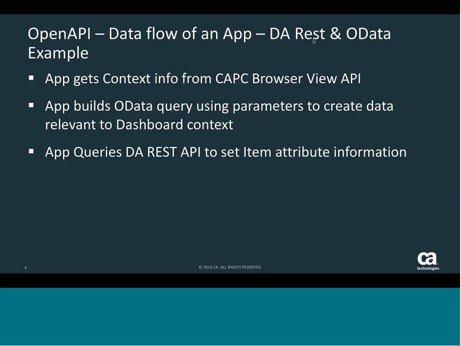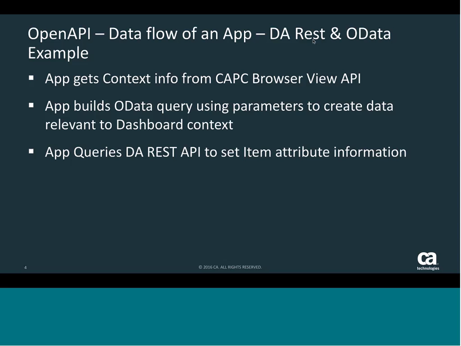Because, well, you have to have a different app for every group. That would be ridiculous. So we can just simply pass information from CAPC directly into our OpenAPI queries in our apps to basically call over in context and get the data specific. And I'll show you what that looks like in a minute as well.